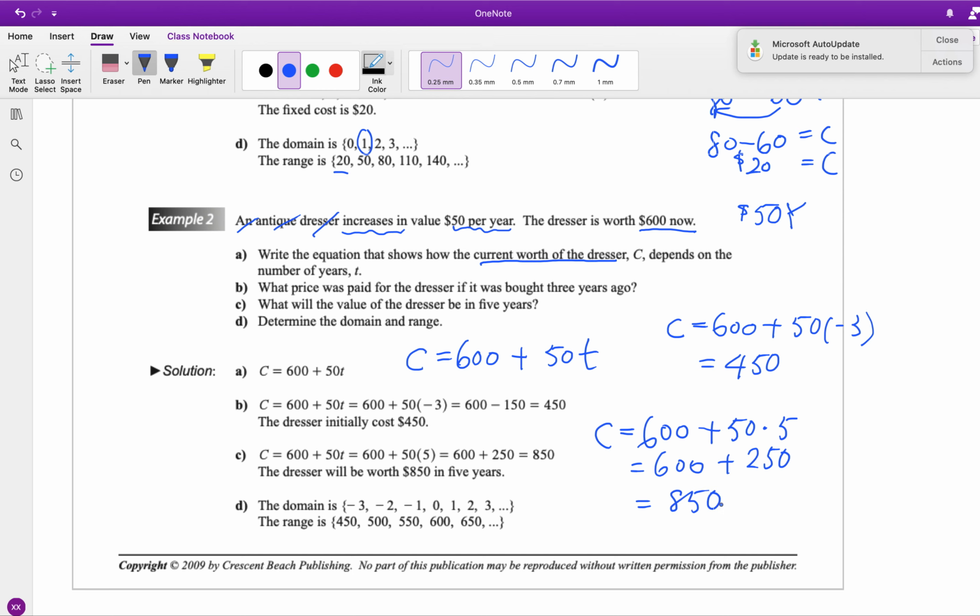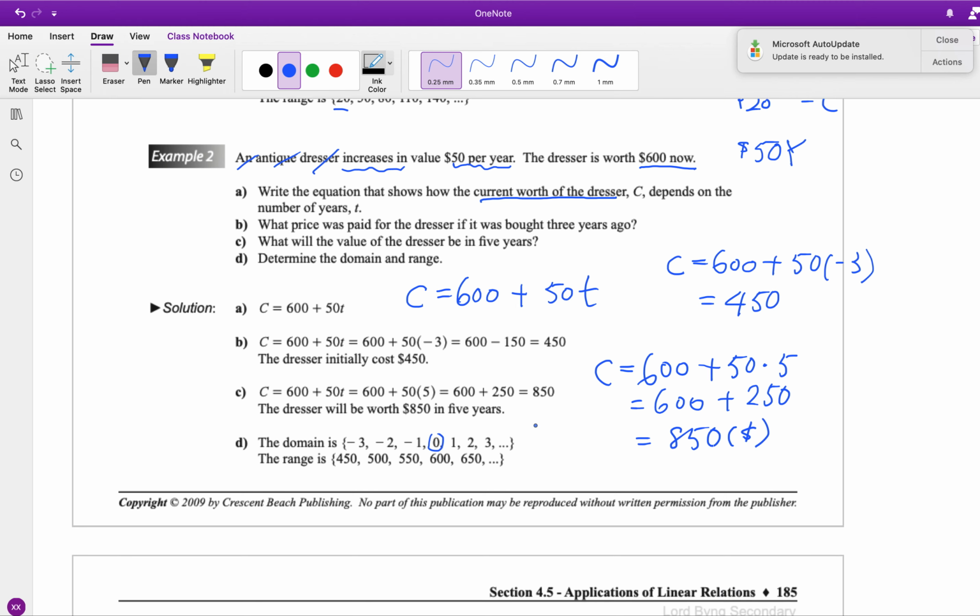In 5 years it will cost you this much. Okay, well then the domain is 3 years ago, 2 years ago, 1 year ago, and right now, 0 years, and then 1 and 2 and 3. So it keeps going.